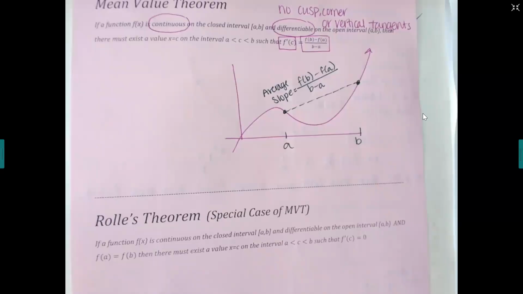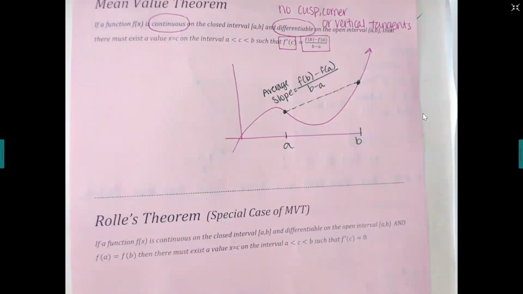What this theorem says is that if you have a function that's continuous and differentiable, whatever this average slope comes out to be, there has to be a place where the derivative is exactly equal to that average steepness.